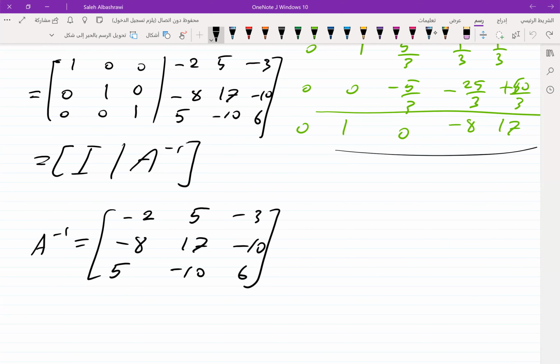So this is the inverse matrix of the given matrix A. All that we did, we wrote the matrix with the identity, then we converted the matrix into identity, and the resultant matrix on the right hand side will be the inverse of the given matrix.